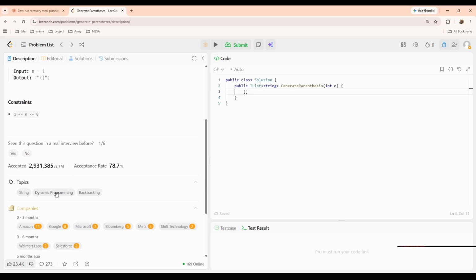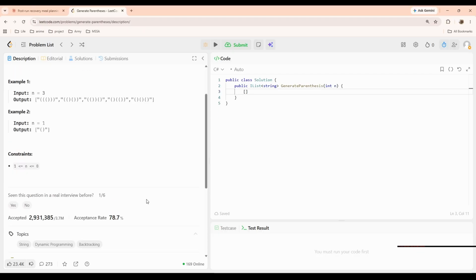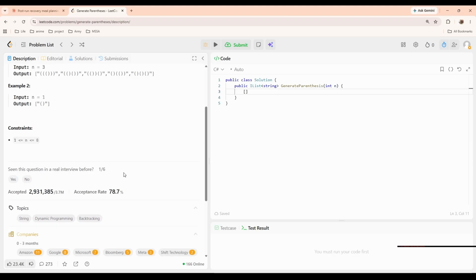And from what I recall from my climbing stairs problem, this is going to involve dp of n minus 1 plus dp of n minus 2. But that was the most basic problem. Not 100% sure if that formula applies broadly to any dynamic programming problems.